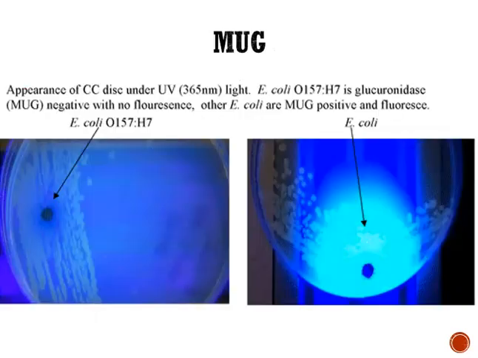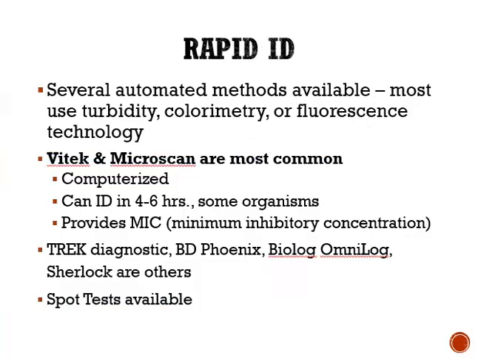Okay, and here's a picture of that. So we have no fluorescence here, but the negative reaction is indicative of the pathogenic organism in this one. So negative is indicative of E. coli O157:H7, whereas positive fluorescence is just one of the other strains of E. coli. Okay, a few final slides here.